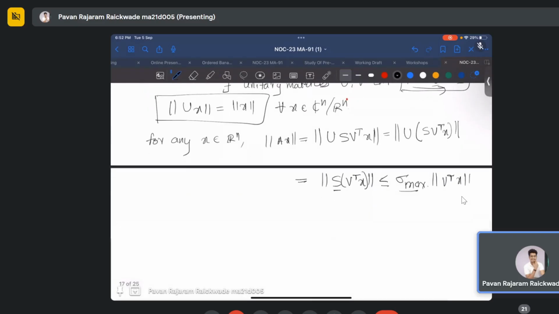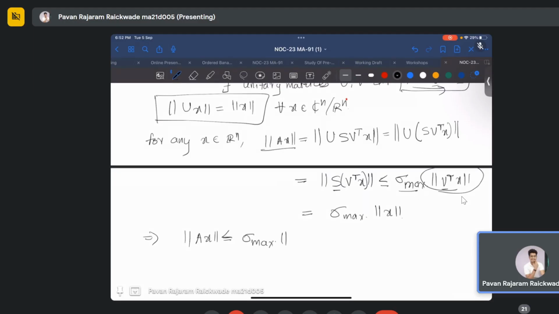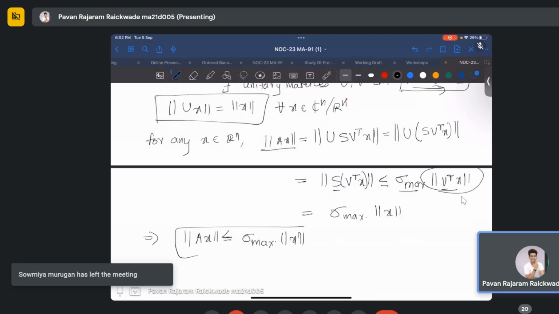But now, because V is again unitary, this norm is the same as norm x. What do you get? You started from norm Ax, which is less than or equal to sigma max times norm x, right? This is what you got.